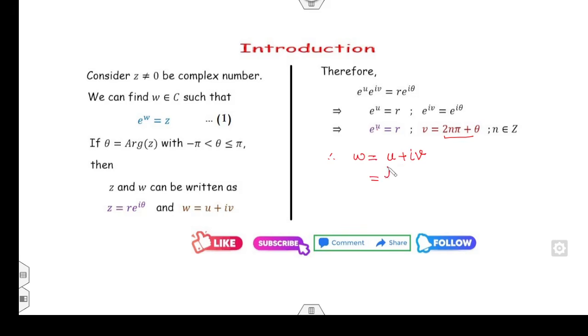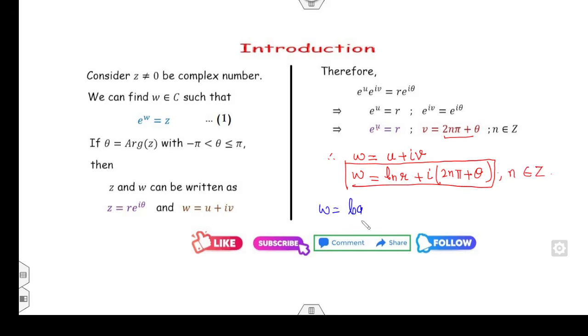So w is ln of r plus iota times 2n pi plus theta. That is my w. And our target was to find w, where w is nothing but log of z from equation number 1.